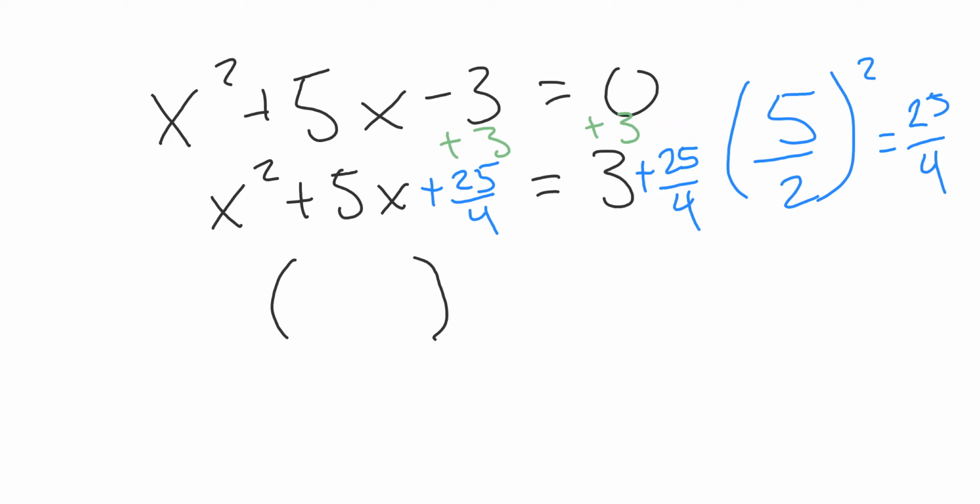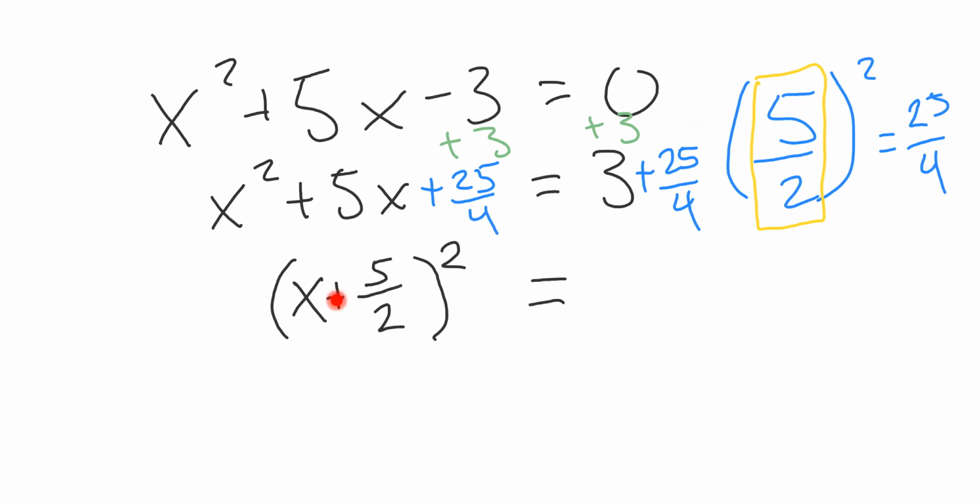But here's the thing, we know that our b is this 5 over 2. Our b is half of whatever the coefficient on x is. So we actually know that this is going to factor to x plus 5 over 2 squared. And go ahead and understand how that works out.